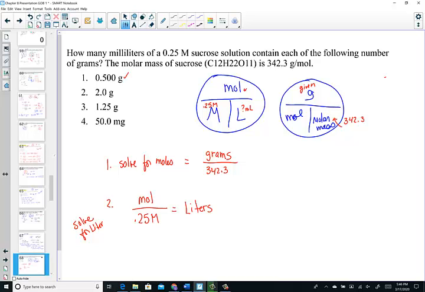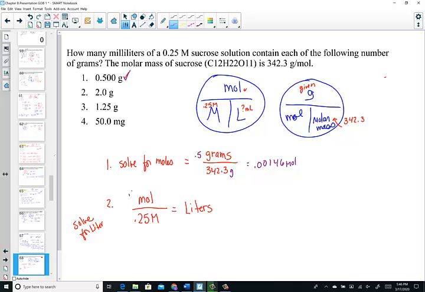So all that's going to change in this process is the grams that we start with. In the first example, we're given 0.5 grams. So let's place that right here: 0.5 grams over 342.3 grams. 0.5 divided by 342.3, and the number of moles is 0.00146 moles.